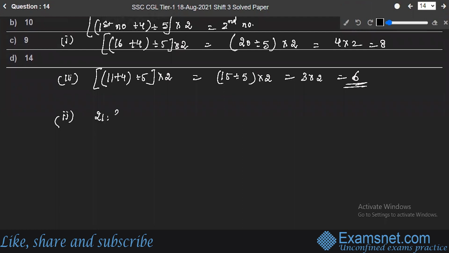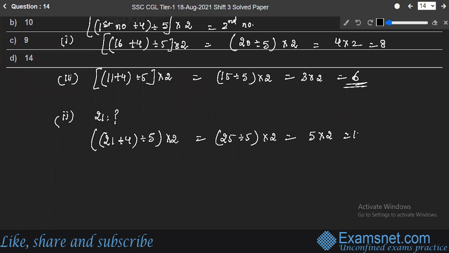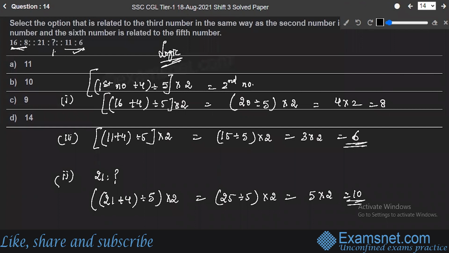So 21 plus 4 divided by 5 multiplied by 2. It's 25 divided by 5 multiplied by 2. 5 multiplied by 2 is equal to 10. So what will come at the place of question mark? It is 10. Option B is the correct answer to our question. Hope you are clear with this. Let's move to the next question.